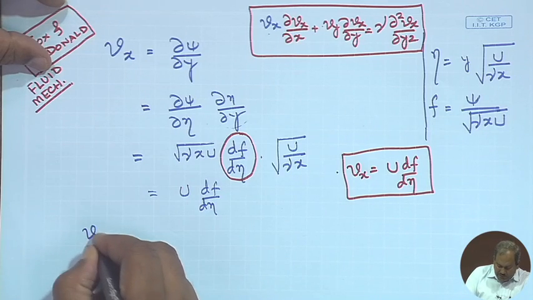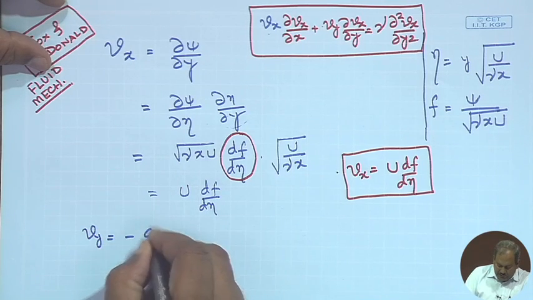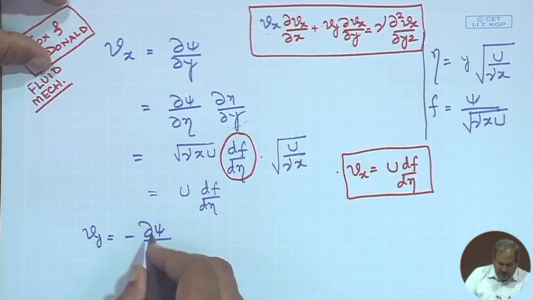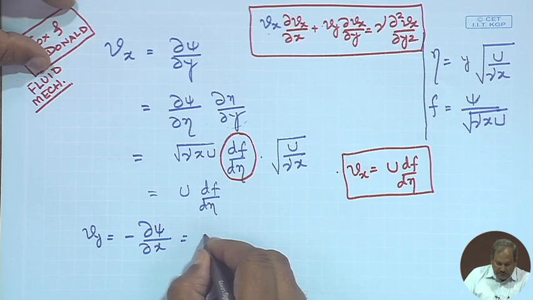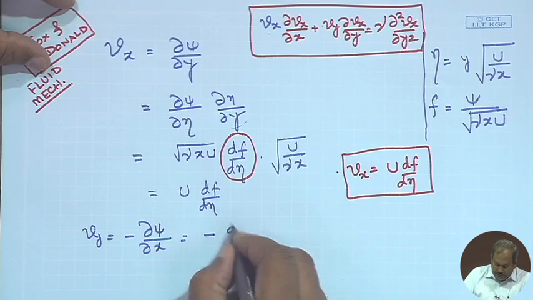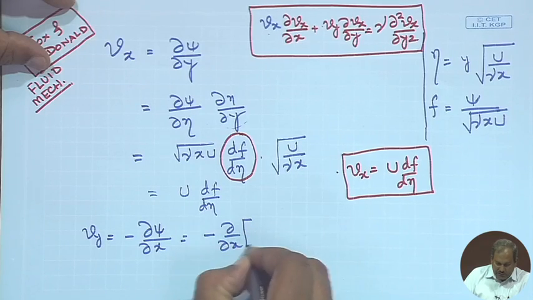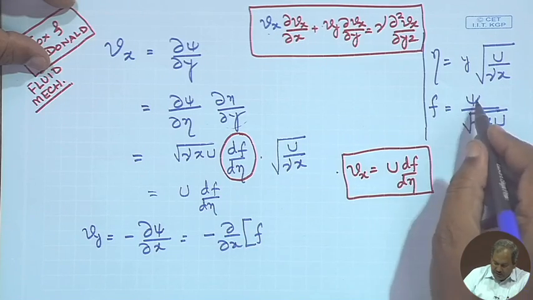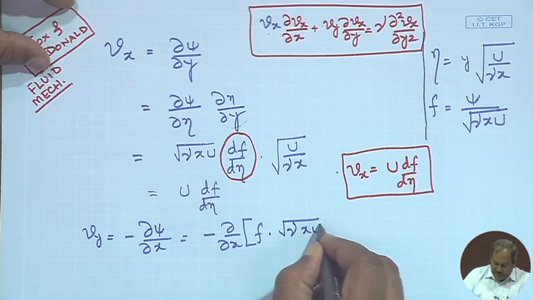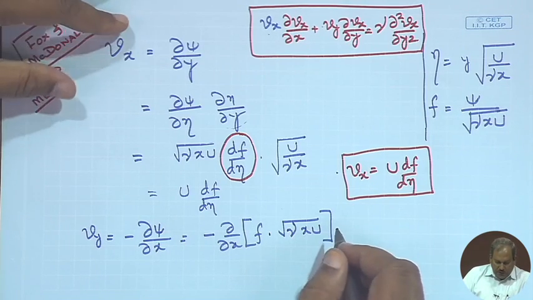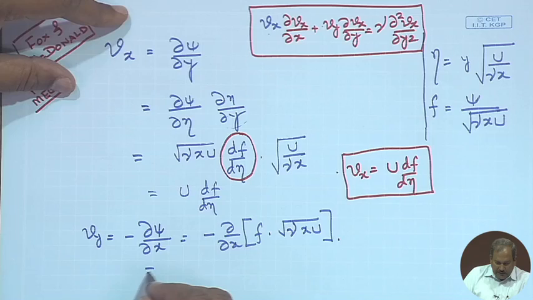Similarly, when we start with Vy, which by definition of the stream function is minus del psi by del x, I can write it as minus del by del x of root of nu x u times f, which can then be expanded.